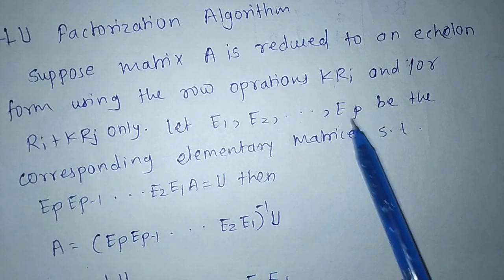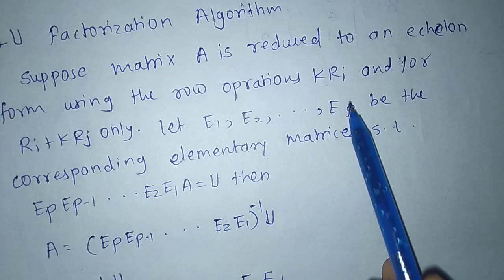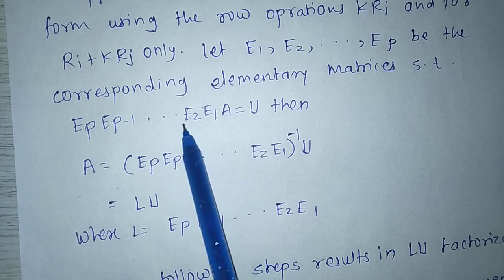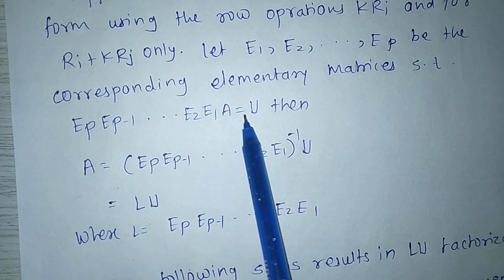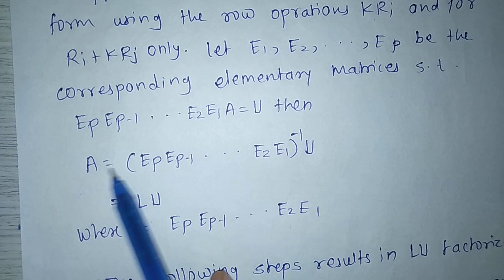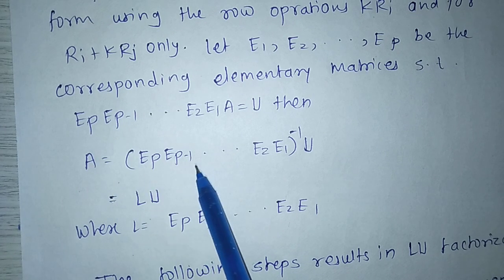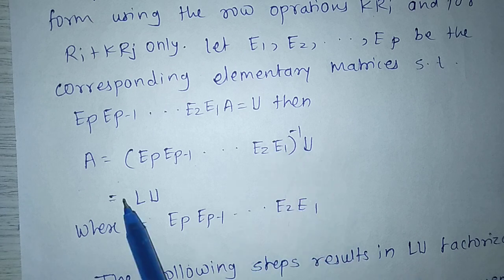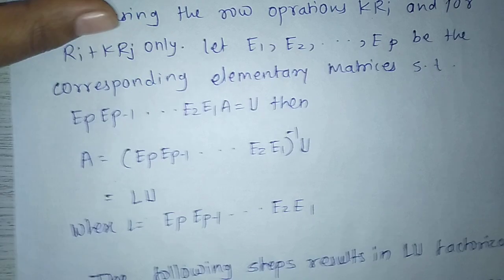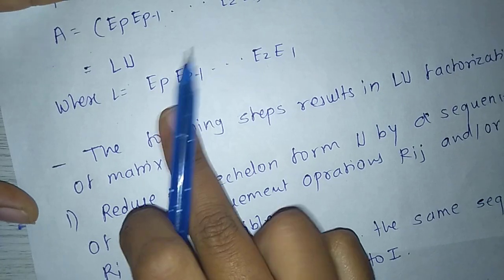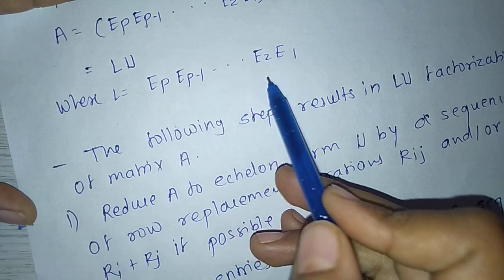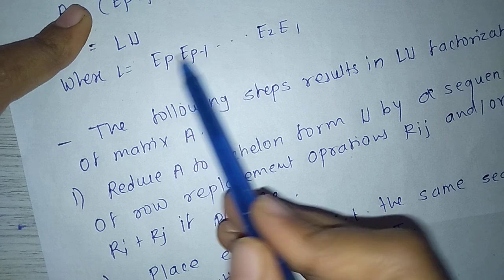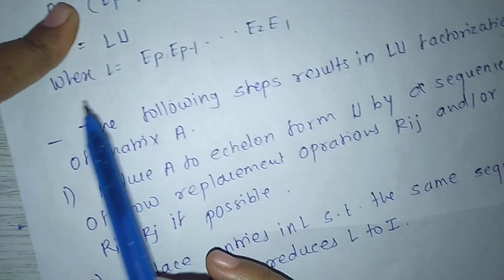Let E1, E2 and so on up to EP be the corresponding elementary matrices such that EP, EP minus 1 and so on, E2 into E1 into A equal to U. Then A equal to (EP, EP minus 1 and so on, E2, E1) inverse into U equal to L into U, where L equal to (EP, EP minus 1 and so on, E2, E1) inverse. This is the relation of these matrices in between multiplication.